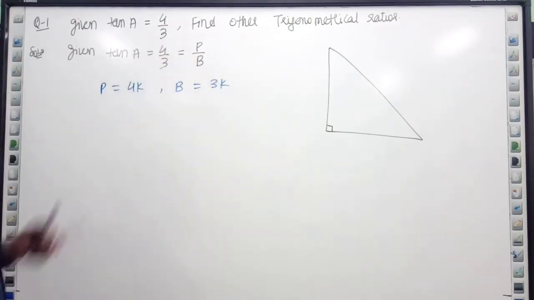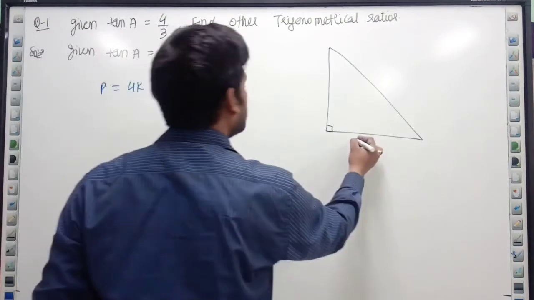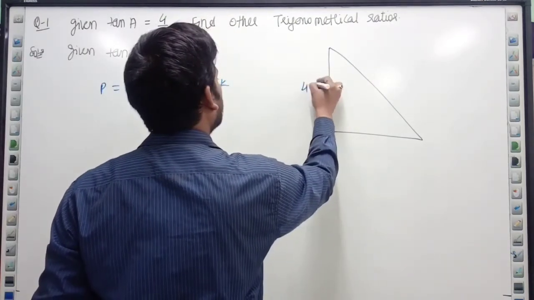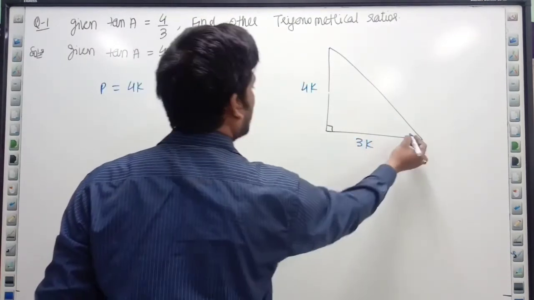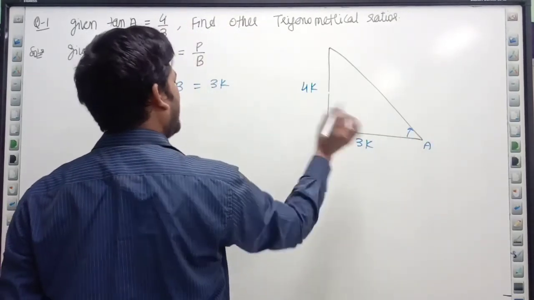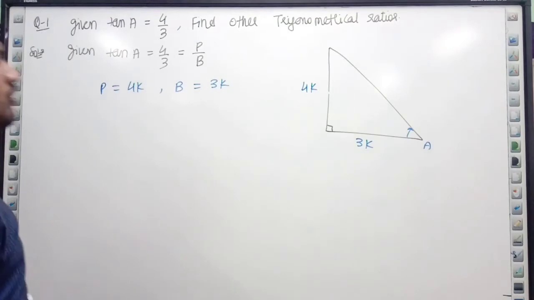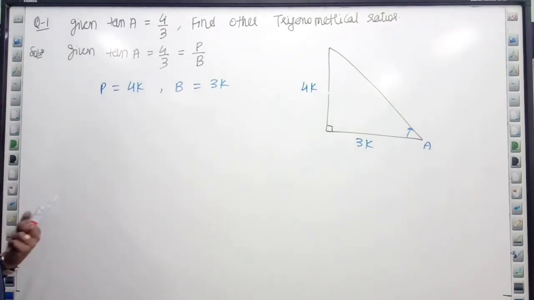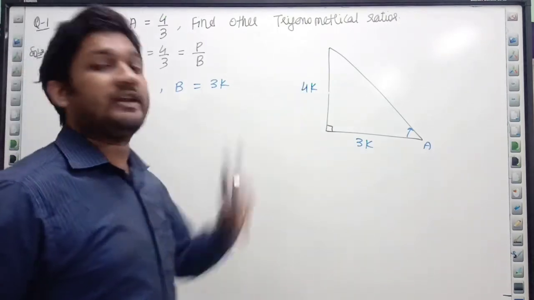Whenever a ratio is given, we can write it in terms of k. If I write this angle as A, okay. Now, to calculate the other trigonometrical functions, we need to calculate the hypotenuse first.